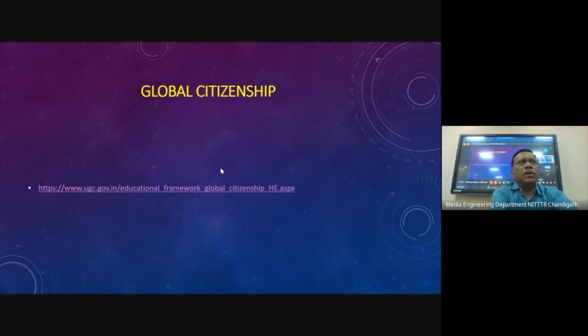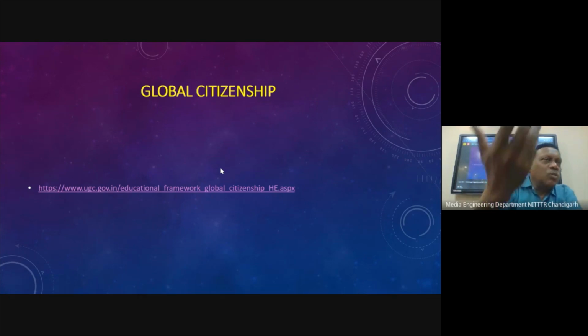Global citizenship also is a part of our NEP 2020 requirement, so that also has been listed. Certain guidelines have been put in place. Basically the guidelines are outlines, and you have to really expand yourself. Everything is not expanded in that, but it has given an outline and a pathway to you, so that you can start working on that.